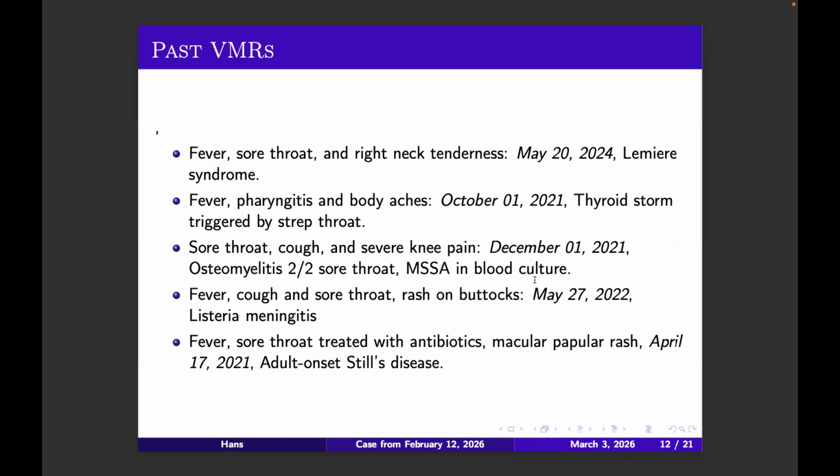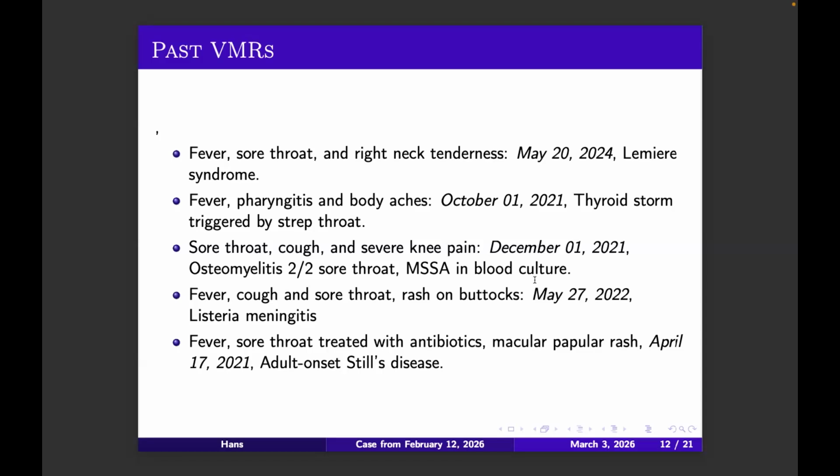So in the past, we had several cases of pharyngitis and sore throat. May 20, we had Lemierre disease, and that patient really presented with a focal swelling in the throat. We had pharyngitis on October 1st, 21, and that was a thyroid storm secondary to a strep throat, and that was quite surprising.